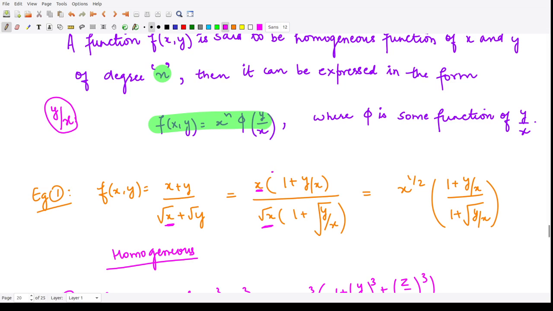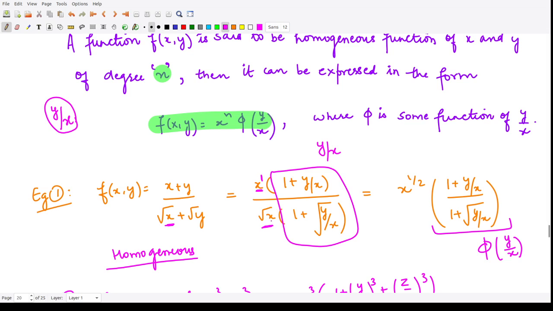So here you have the variable of this form, y divided by x, so I can call this some function phi of the variable y divided by x, and here the power of x is 1, here the power of x is 1 by 2. So the power of x here would be 1 minus 1 by 2, that is equal to 1 by 2. So now you have written your given function into this particular form: x to the power something into some function of y by x. So this is a homogeneous function.